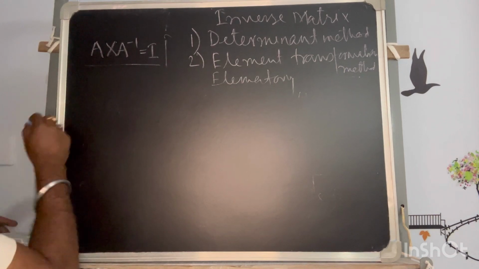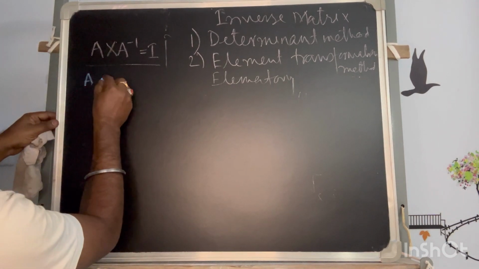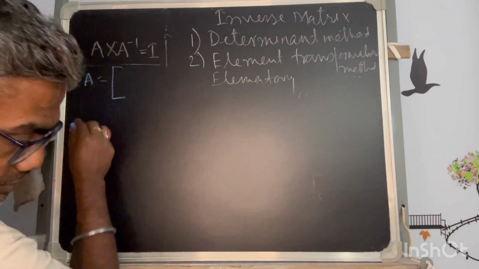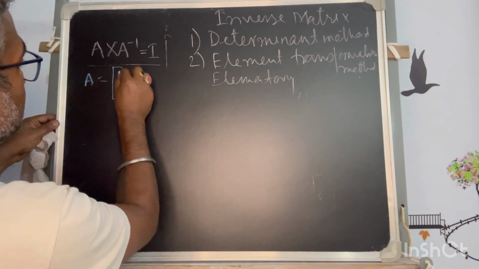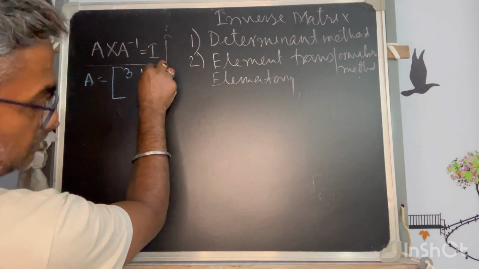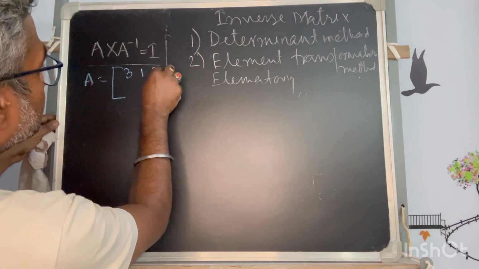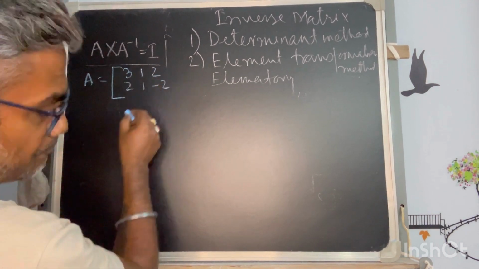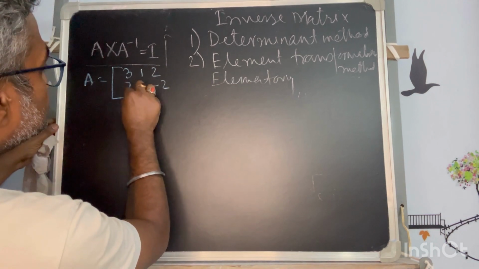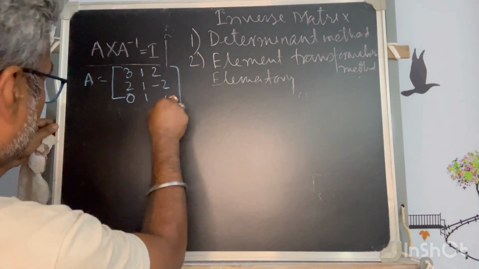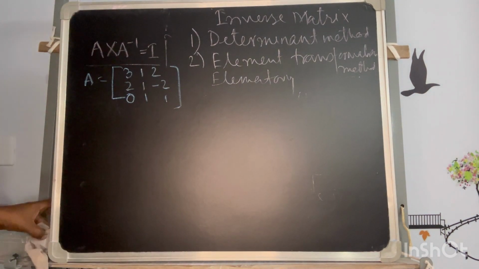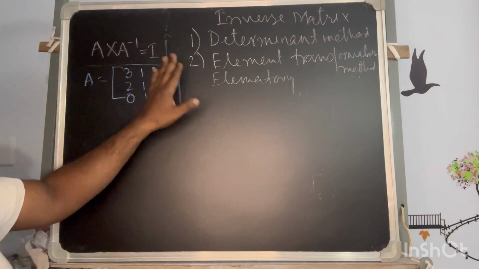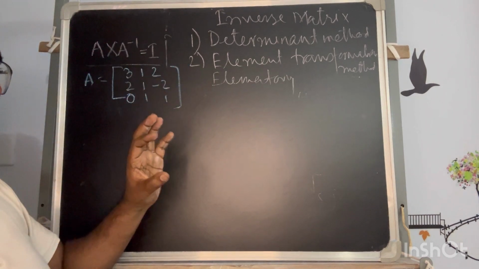The matrix I will take is the one I have already been working with: 3 1 3 1 2 minus 2. During the process, the operation is of your choice.